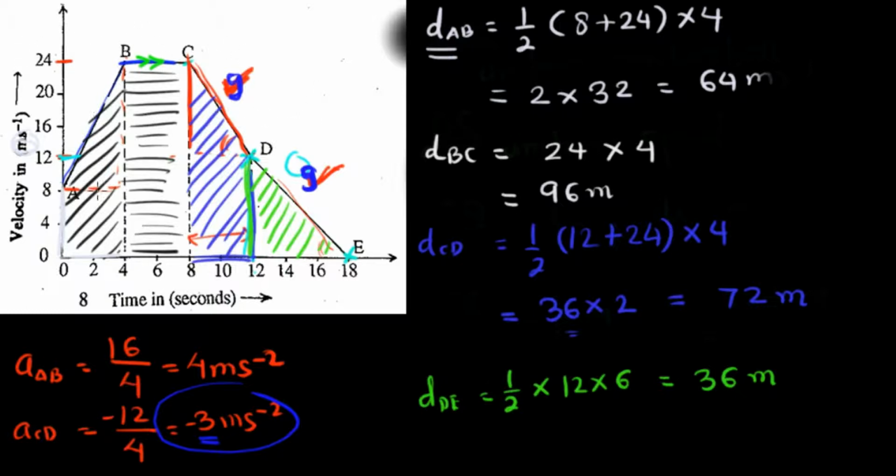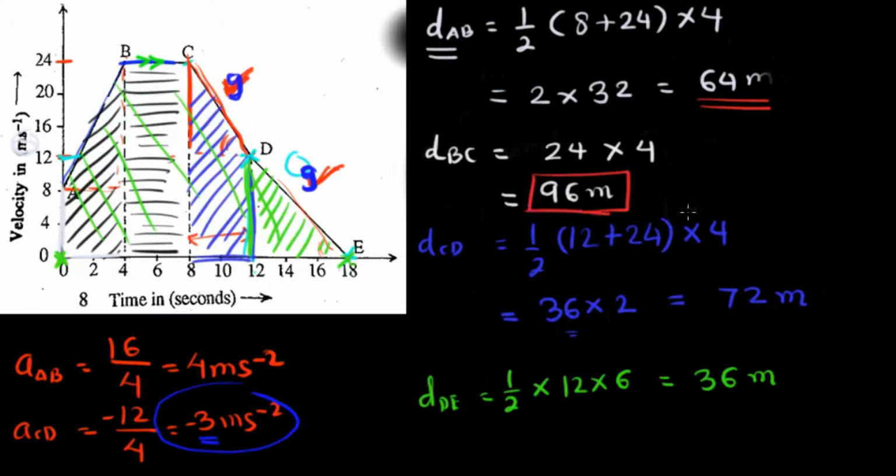I need to calculate the total area. In order to get the total area, I need to add up all the areas. Why am I calculating the total area? Because I need to calculate the total distance traveled by the fellow, from this end to the other end. The area would be the sum of all the numbers that we just found out.